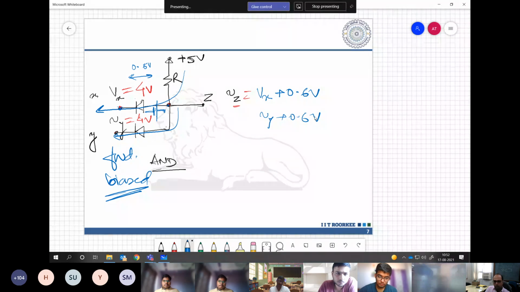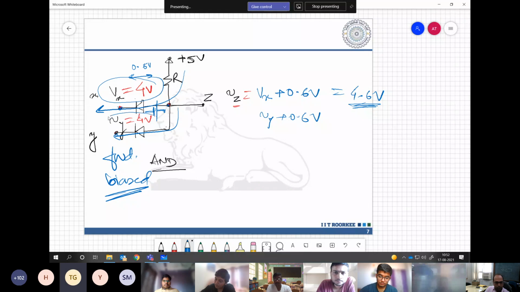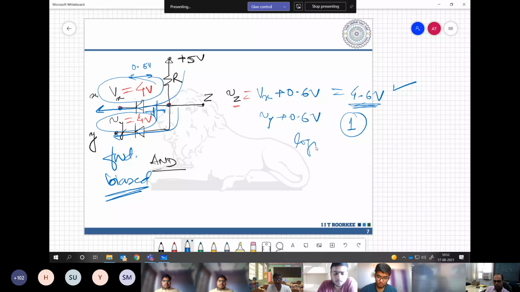Understanding my point? So this voltage is coming out to be 4.6, and this is what logic state? High. So if we are giving high at both the inputs, what we are getting finally is a logic high output.